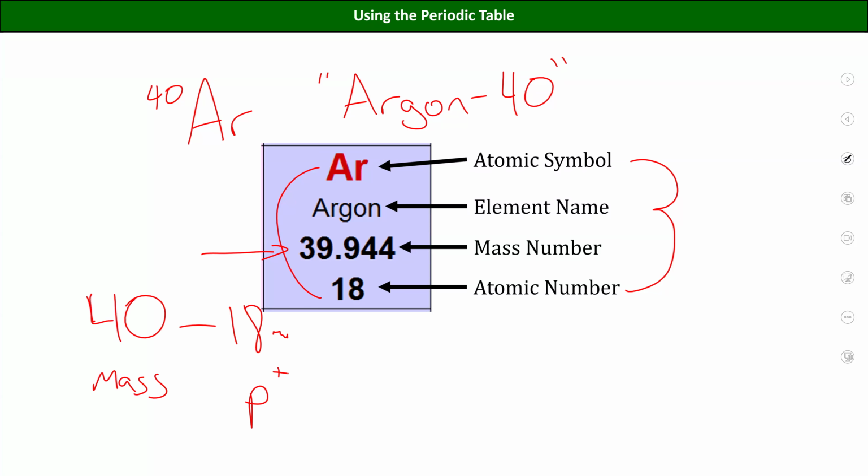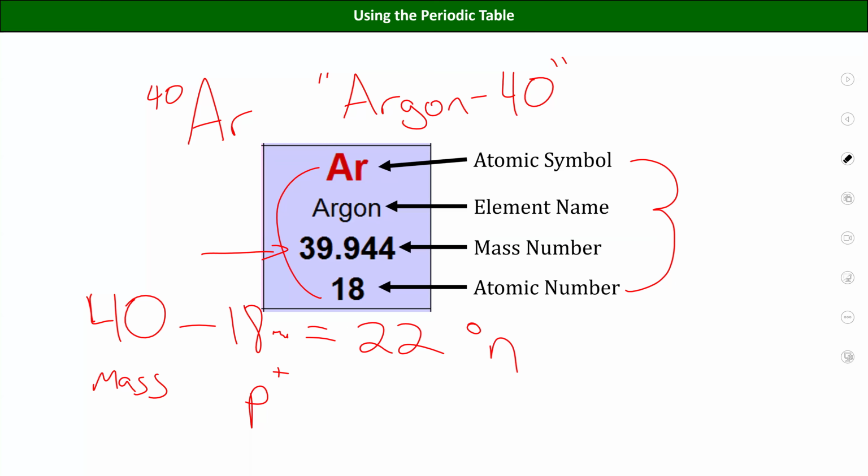So our total mass is 40. We have 18 protons. Means that we must have 22 neutrons, which the abbreviation is a lowercase n. Sorry, that's wrong. With a 1.